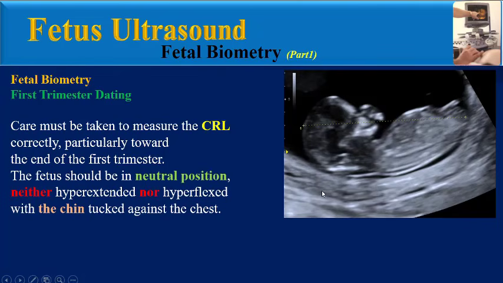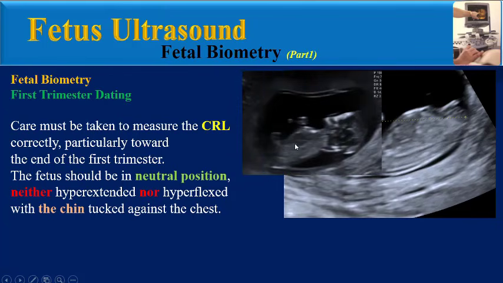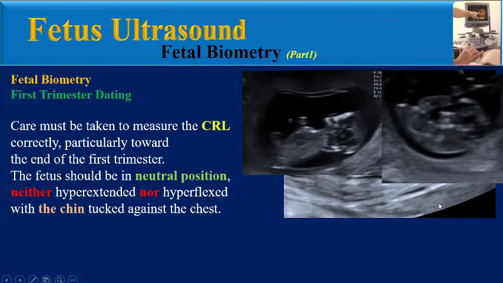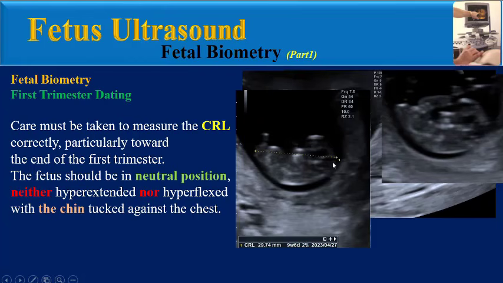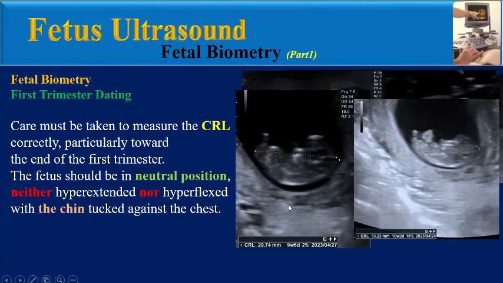The fetus should be in neutral position, neither hyperextended nor hyperflexed. In this hyperflexed fetus, the CRL is about 30 mm, equal to 9 weeks and 6 days. But after less than 1 minute, the fetus exits from the hyperflexed position and the CRL reaches 33 mm, equal to 10 weeks and 2 days.